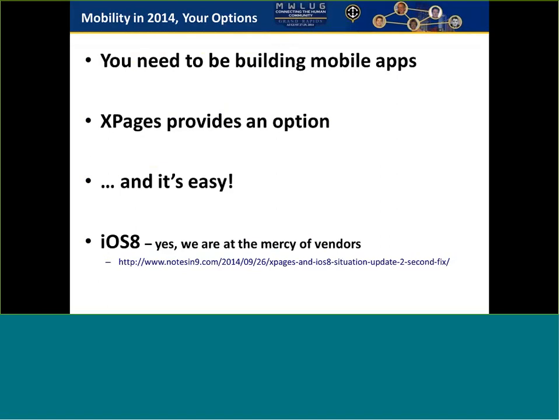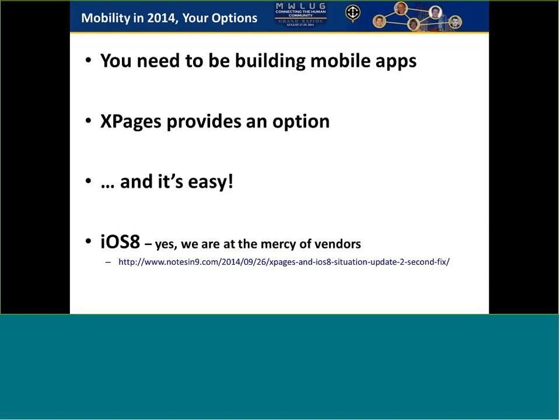Now, of course, what happened a couple of weeks ago, three weeks ago? Apple went and released iOS 8. And this is a great illustration of how we, as developers building mobile applications, are at the mercy of the vendors, and I would suggest equally so in the Android world.